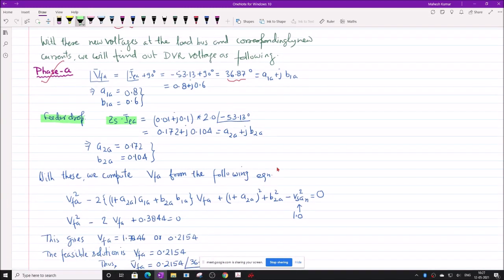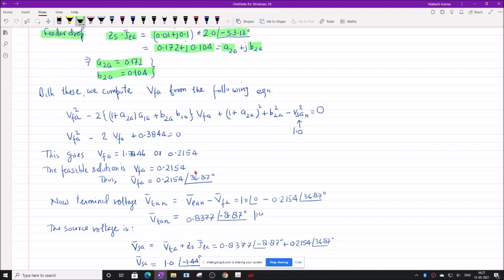This is ZS and this is ILA. Multiplying this gives us 0.172 plus j0.104. This is A2A and B2A. So we know now A2A and B2A. Solve for VFA.